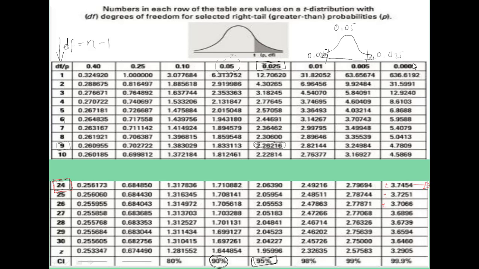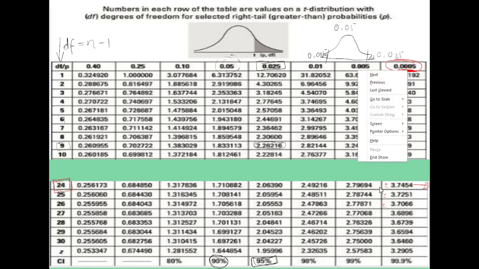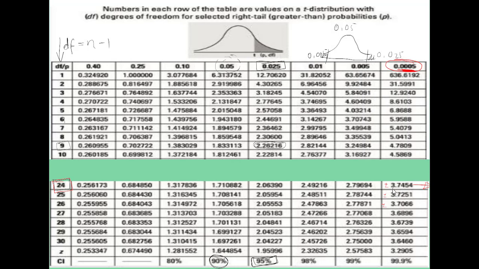Okay, so the p-value at degrees of freedom of 24 and a test value of minus 6.087 would be way less than 0.05. You can see that we have 0.0005 there, so that's the smallest p-value that we have. This p-value corresponds to a test value of 3.7454. And remember that our test value is 6.087.